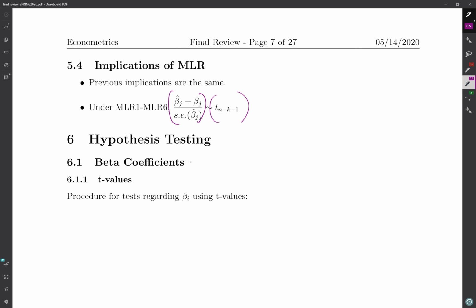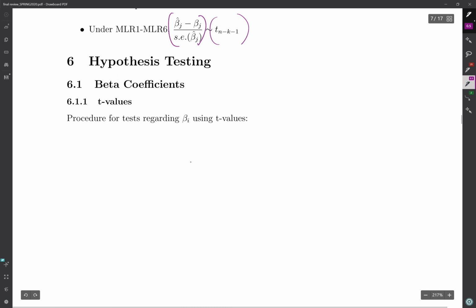In fact, it turns into the z distribution as our observations increase. Why is this important? Well, if we know our distribution, we can perform hypothesis testing and actually test the statistical significance of our coefficients.